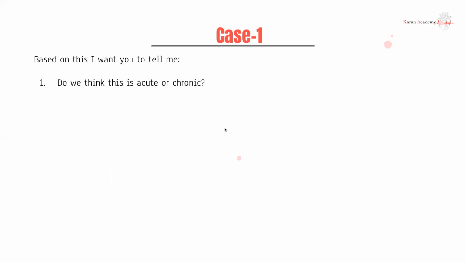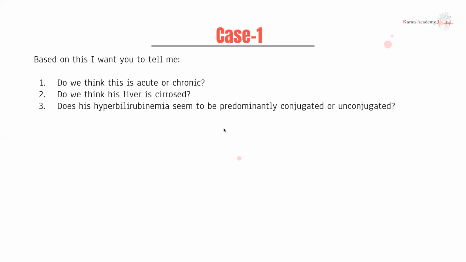So firstly, when you think that, you need to think to yourself, do you think this is acute or chronic? Do we think his liver is cirrhosed? Does his bilirubinemia seem to be predominantly conjugated or unconjugated? So I think we've conclusively said it's acute, liver not cirrhosed. Hyperbilirubinemia seems to be conjugated.